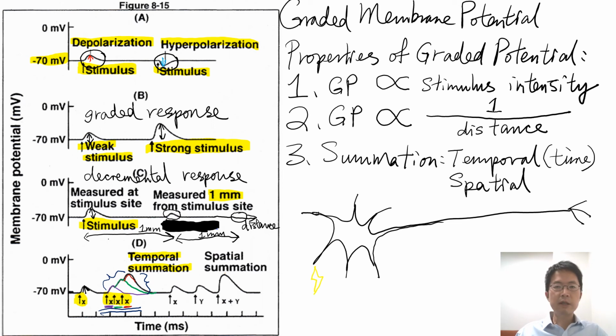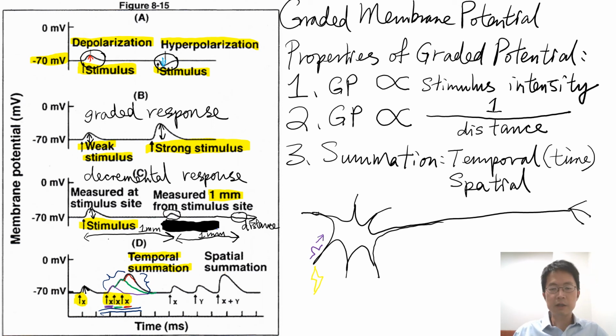When I give a mild electric shock at this end, what would you get? I'll get a graded potential. The graded potential will go this way.